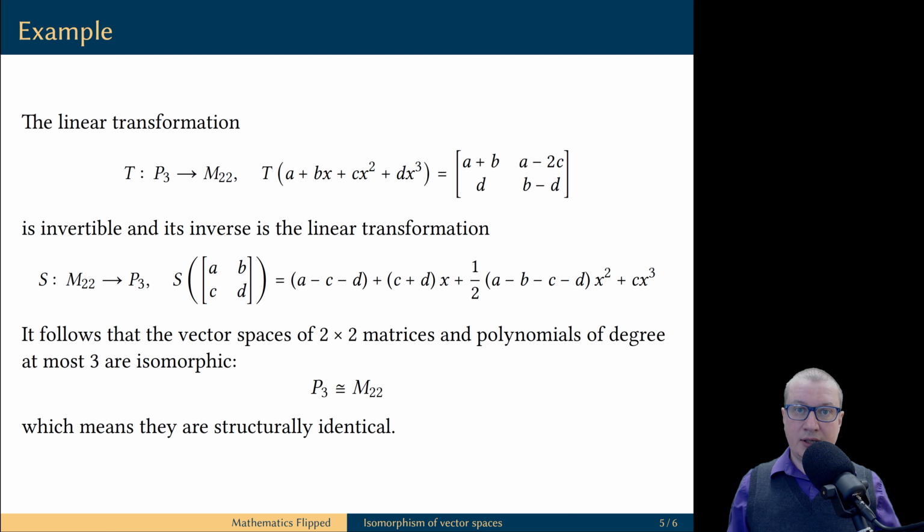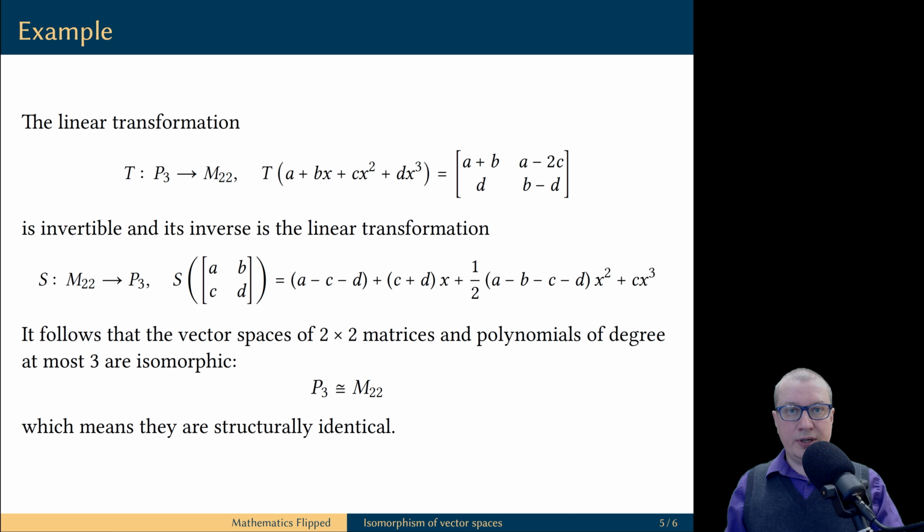Such a matrix is characterized by its 4 entries A, B, C, and D. Do you see the similarity between these two types of objects now? Both of them are defined by a list of 4 numbers. They simply represent the same structure in different ways.